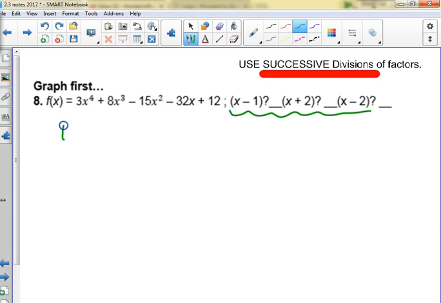If I try 1 first, actually we might try 1 just by plugging it in our head. We'd have 3 plus 8 minus 15 minus 32 plus 12, right? Just plugging in a 1 real quick. That'd be 11, -4. I don't think 1's going to work.